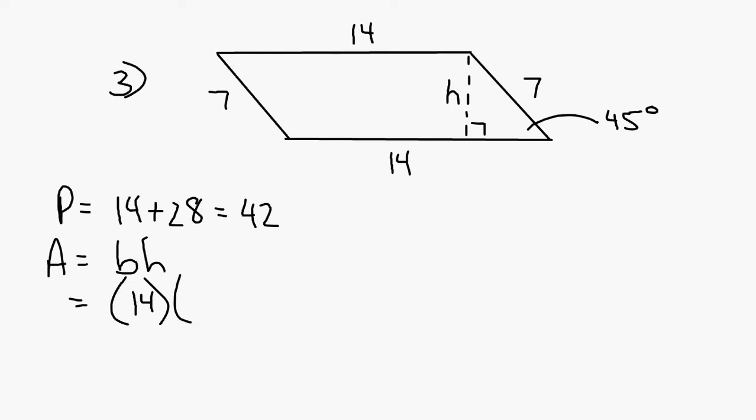Now, in this 45, this is also 45. 45, 45, 90, right triangle. It's a special right triangle. If the hypotenuse is 7, then both of these sides are equal to 7 divided by the square root of 2. So your height is equal to 7 divided by the square root of 2.